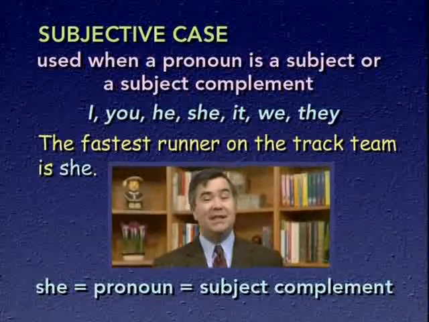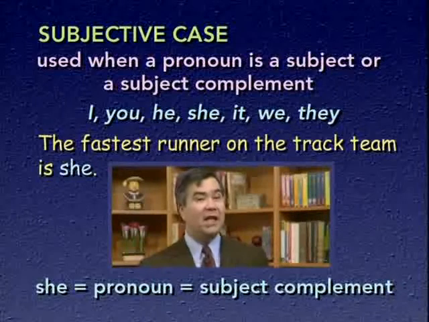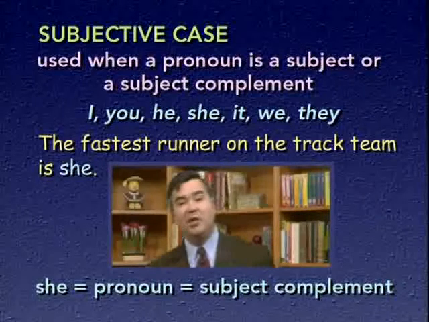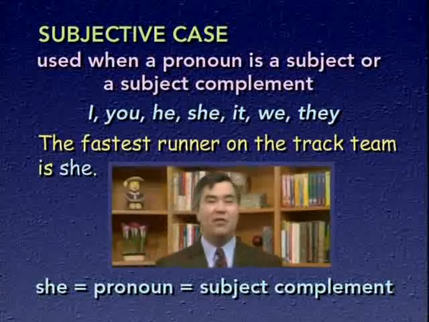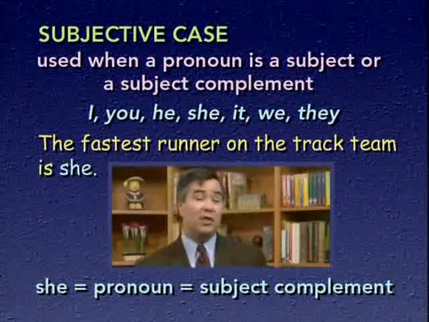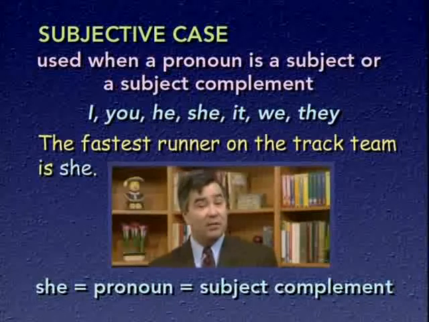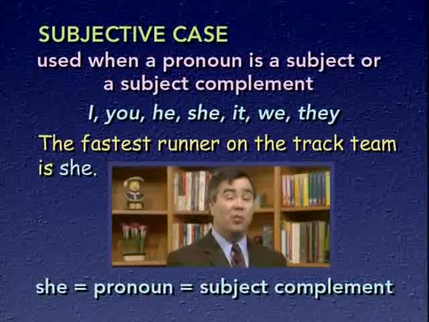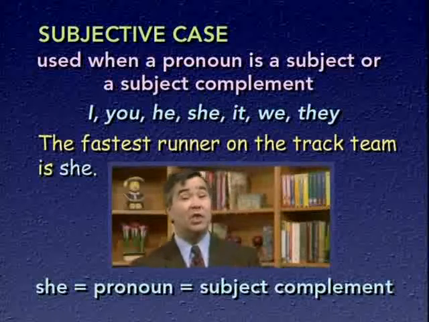It's explaining a state of being, and the word she acts as a subject complement because it refers back to the subject of the verb, runner. Who is the fastest runner? She. So the subject complement she gives more information about that subject, runner. It tells who the runner is, she.